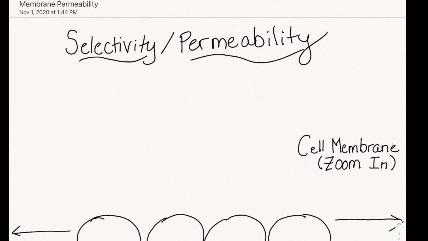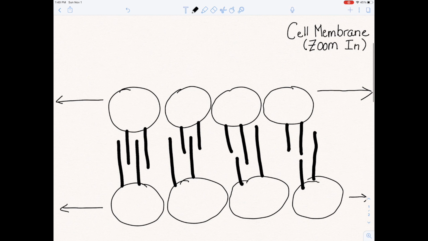In this video, we're going to talk about how the cell membrane is selective in that it is only permeable to very specific compounds. So what I have here is our simplified diagram of a cell membrane, and I'm going to say that this is very zoomed in, more zoomed in than we're used to.